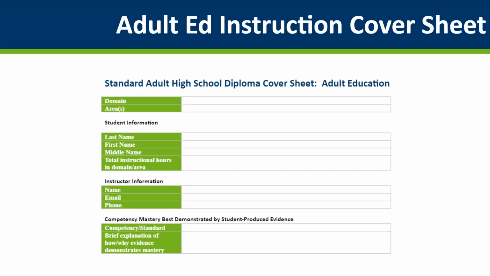But for now, there has been no official change in our adult diploma competencies, and those are still the competencies that we are using to guide instruction and to show mastery of in the portfolio. So hopefully that addresses that question.